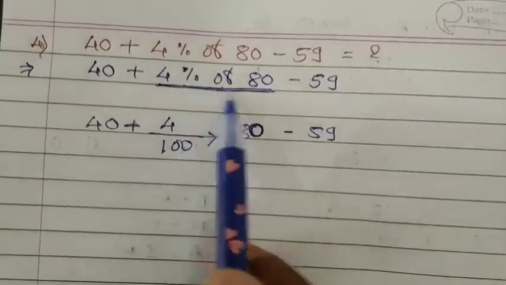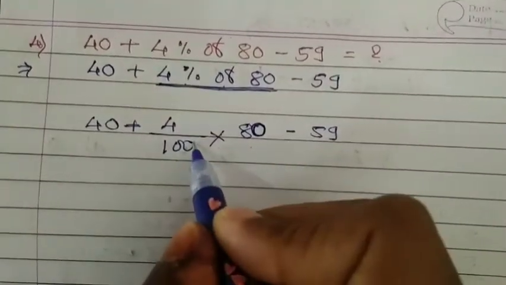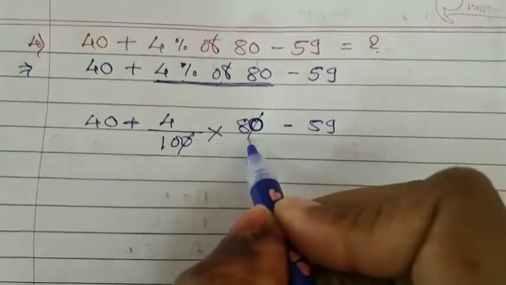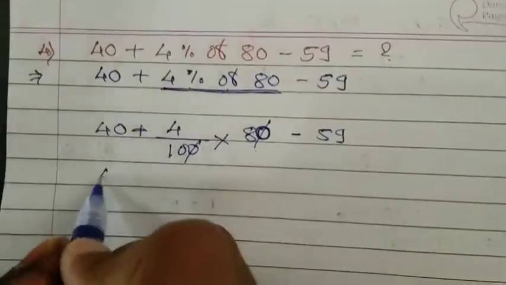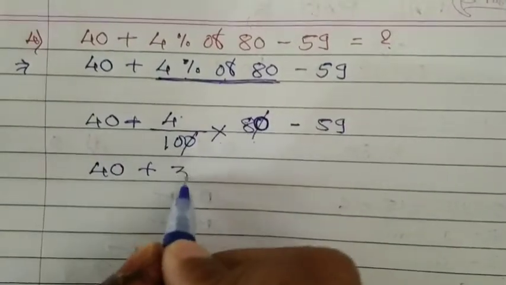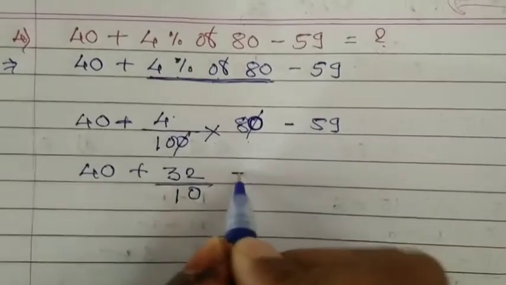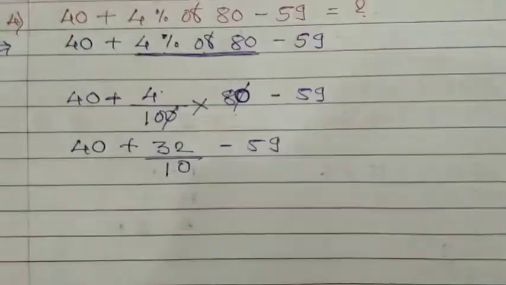Of means multiplied, 80 as it is. This 0 cancels out. So 4 eights are 32, divided by 10, minus 59.